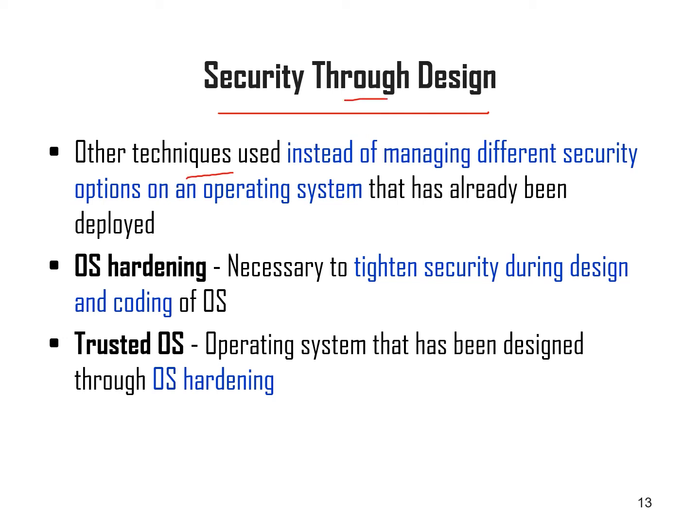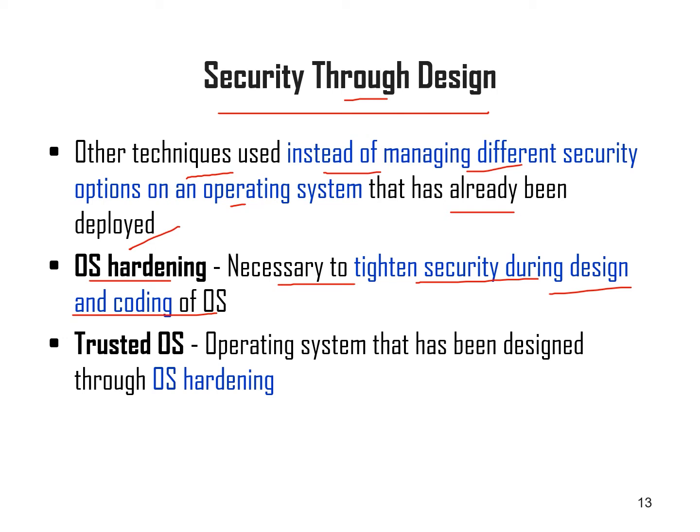Instead of managing the security options of an operating system that has already been deployed, this is OS hardening. What is meant by OS hardening here? It is necessary to tighten the security during the design and coding of the OS itself.